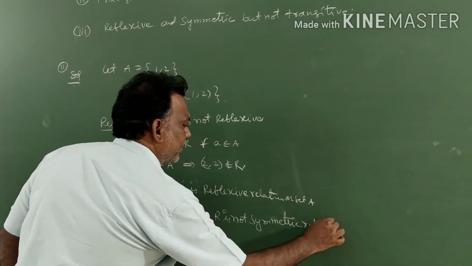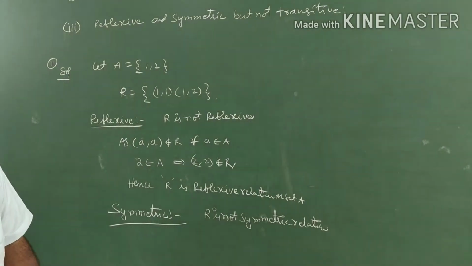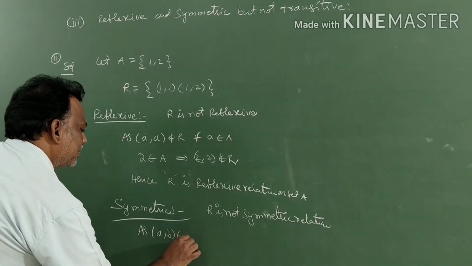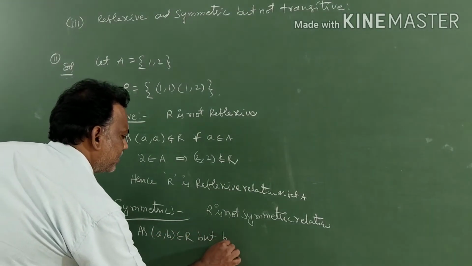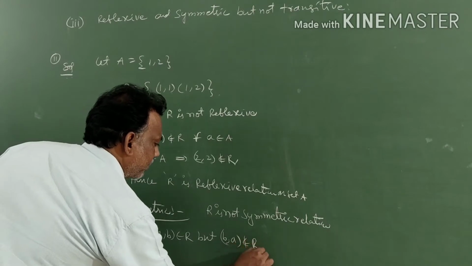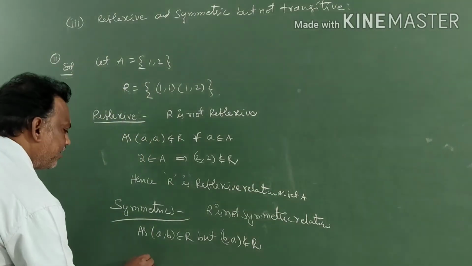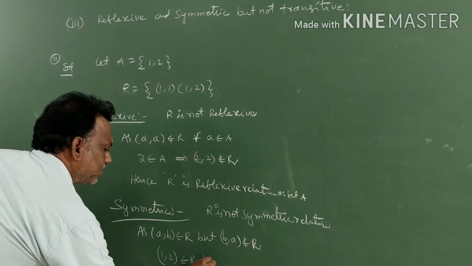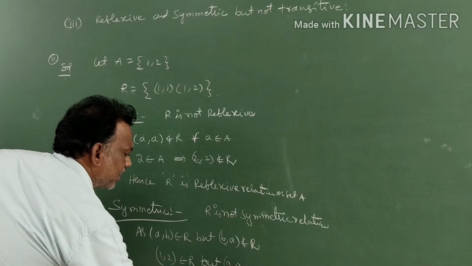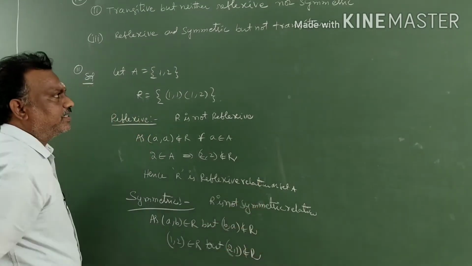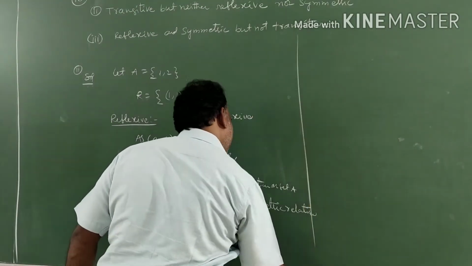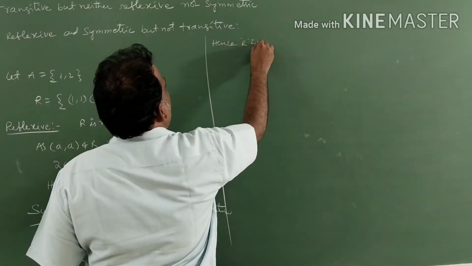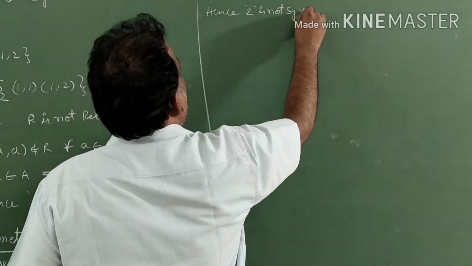If it is not symmetric, we have to give an example as (a, b) belongs to R, but (b, a) does not belong to R. So I can give the example: (1, 2) belongs to R, but (2, 1) does not belong to R. Hence R is not a symmetric relation.